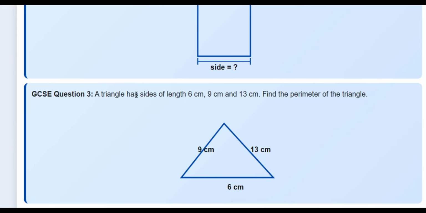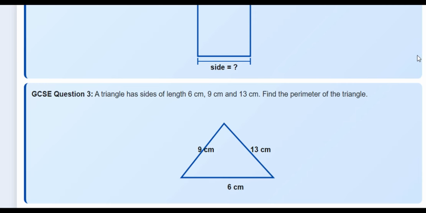In this question 3, we are told a triangle has sides of length 6 centimeters, 9 centimeters, and 13 centimeters. Then we are told to find the perimeter of the triangle. I've also taught this concept in one of the lessons. You can view it if you don't remember the formula.